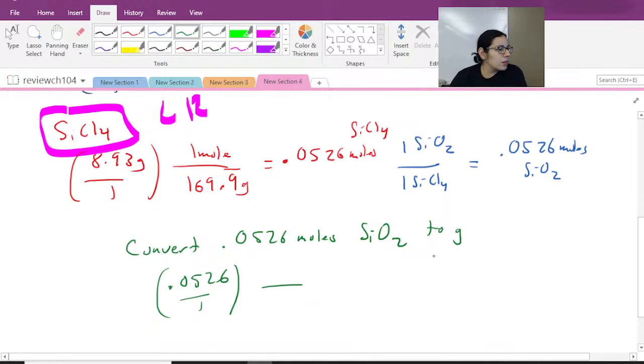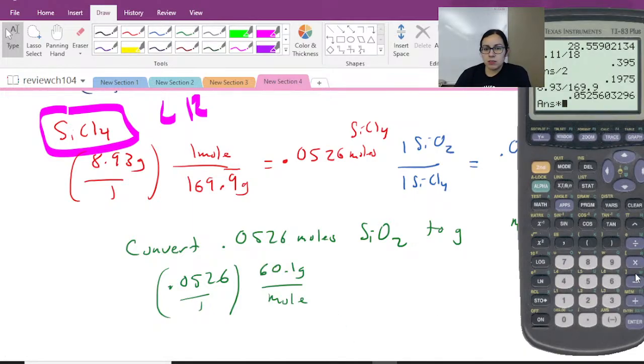I think, what'd you guys get for the molecular weight of silicon dioxide? 60.1, so that sounds good. So now we can just multiply it. Grams per mole. So times 60.1. And so I get a theoretical yield of about 3.16 grams.